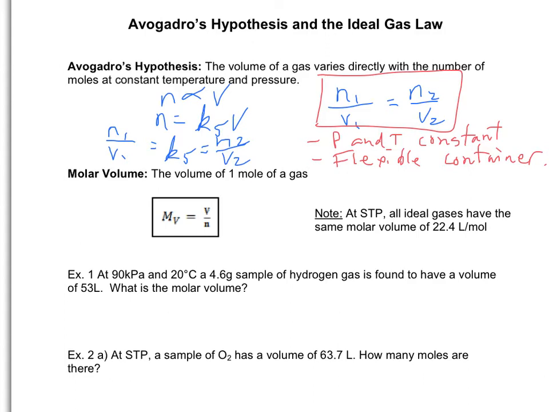Instead of using other laws that we'll discuss later, if you have any gas at STP and you know the volume of the sample, if you divide it by 22.4, then you'll know how many moles of gas you have. Because the volume is dependent on the temperature and pressure, molar volume changes under different conditions.